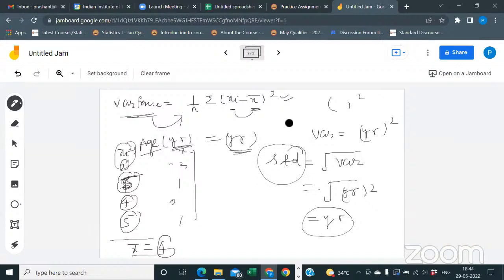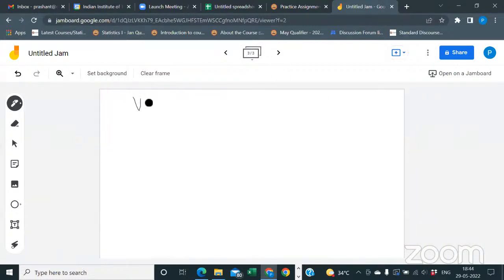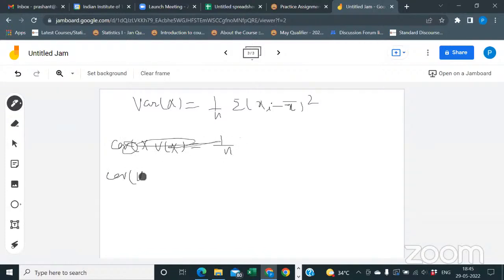Okay. Now, what is the variance? Variance is this one, right? Now, first tell me this. Suppose this is the variance of x, 1 by n. So covariance of xi is 1 by n summation of (xi minus x bar)(yi minus y bar).